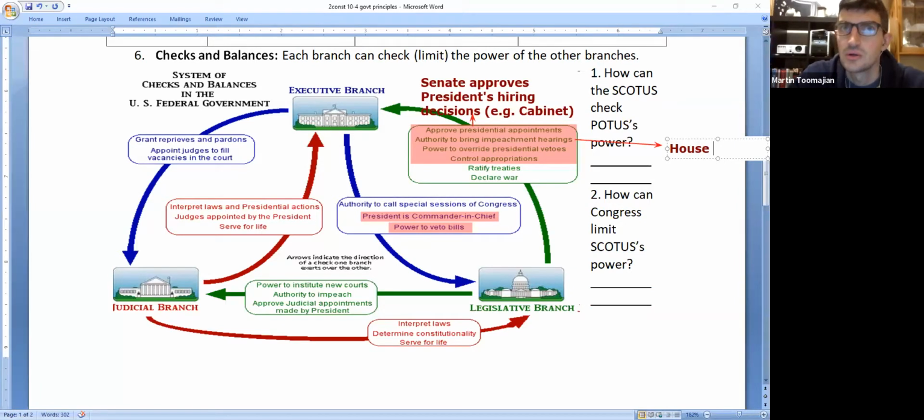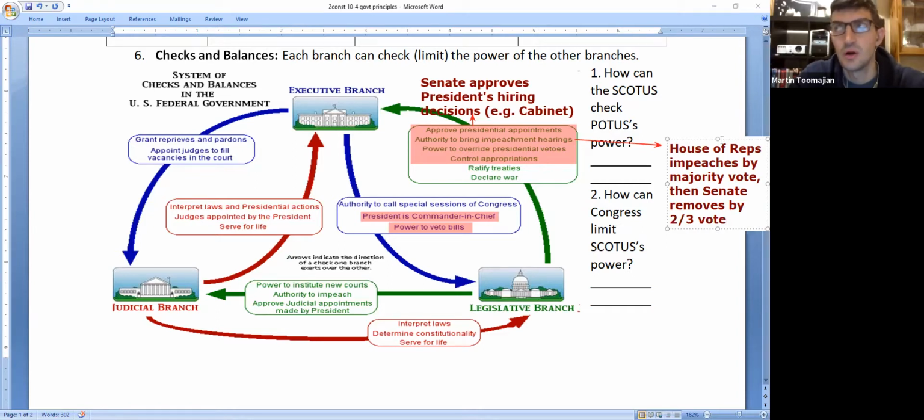House does the impeaching. The House of Representatives impeaches by a majority vote. Then the Senate can remove by a 2/3 vote.